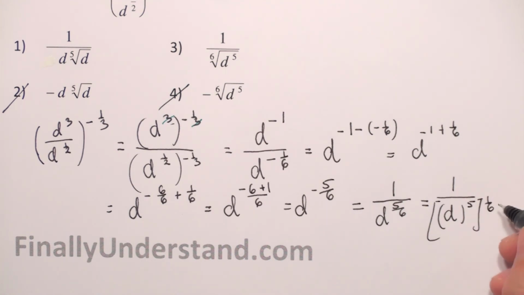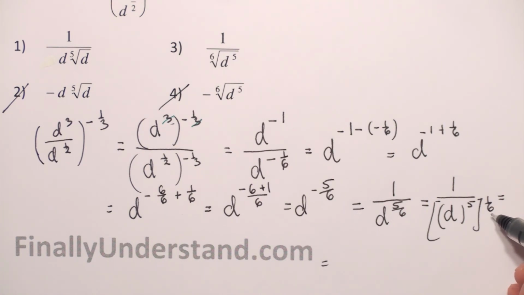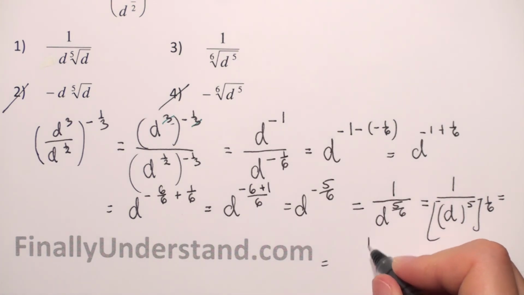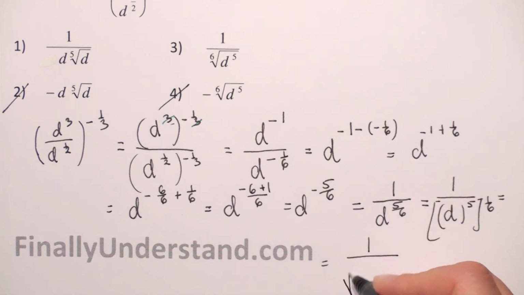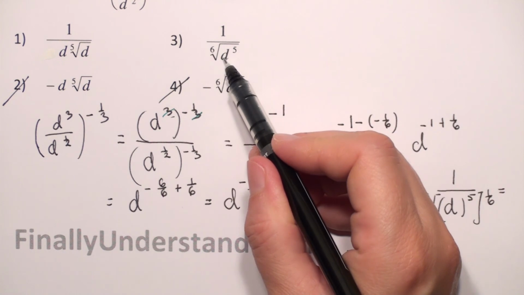I didn't change anything, but now we know that when we have 1 in the numerator over whatever, it will give us the 6th root, whatever we have in the numerator tells us which root we have, because we have 6. So we have 1 we copy, and in the denominator we have the 6th root of d to the power 5. So we see that our solution is the third.